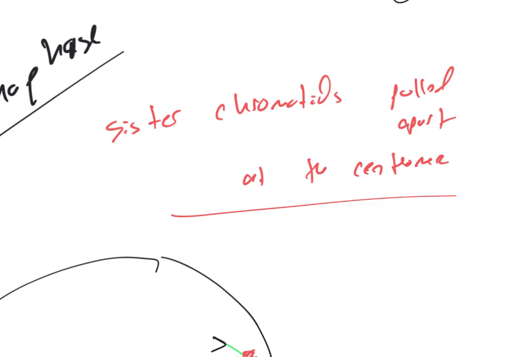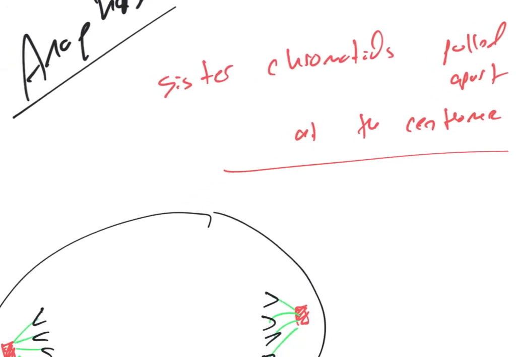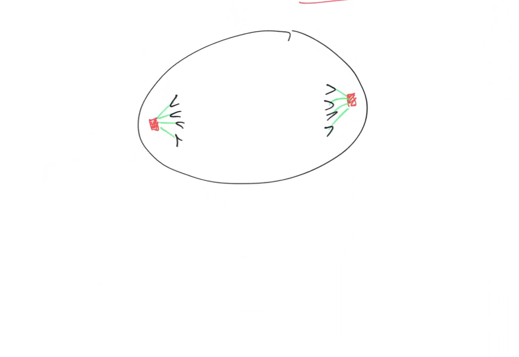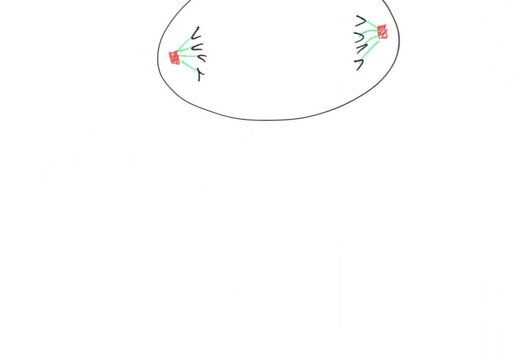In meiosis, they have to pair up, and the sister chromatids don't split until division number 2. In mitosis, they're pulled apart in the first division. We'll get to that next. So Act 4. Now your Act 4 is telophase.